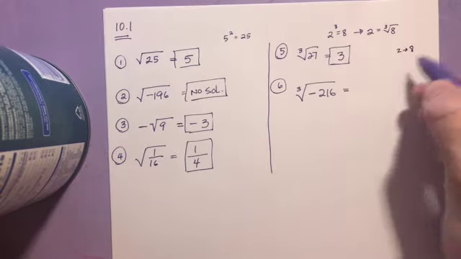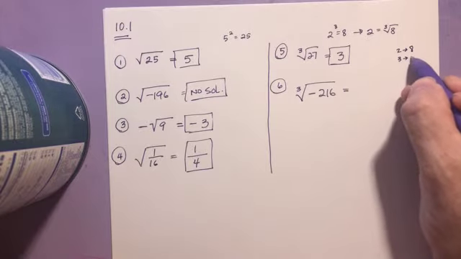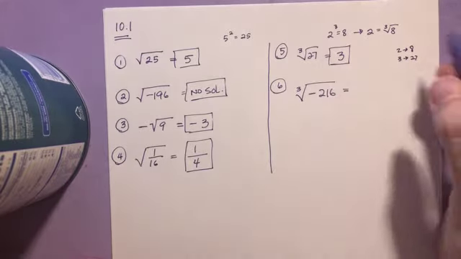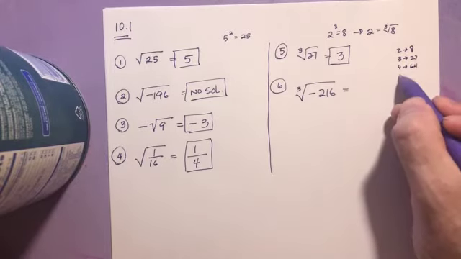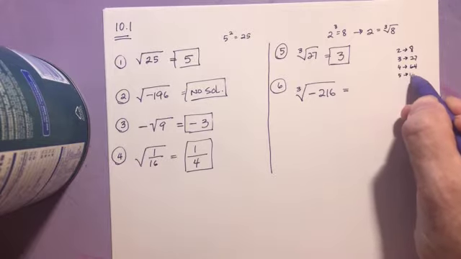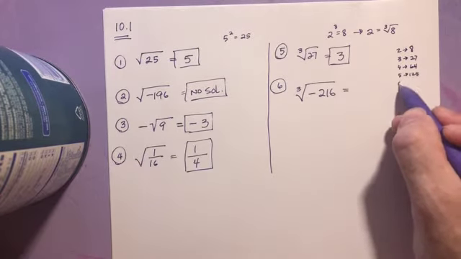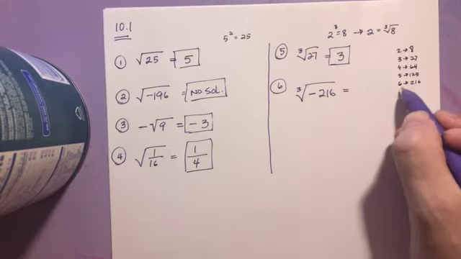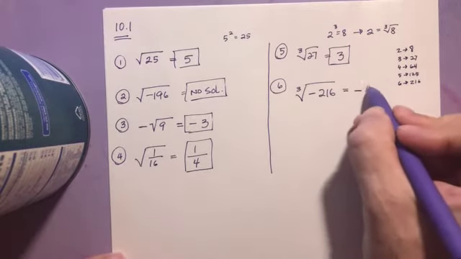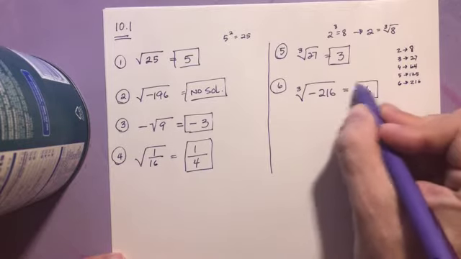So 2 goes to 8. 3 times 3 times 3 is 27. I learned that right here. 4 times 4 times 4 is 16 times 4, 64. 5 times 5 times 5 is 125. And then 6 times 6 times 6 is 36 times 6, which is 216. So it's this guy, but negative, because he's negative.